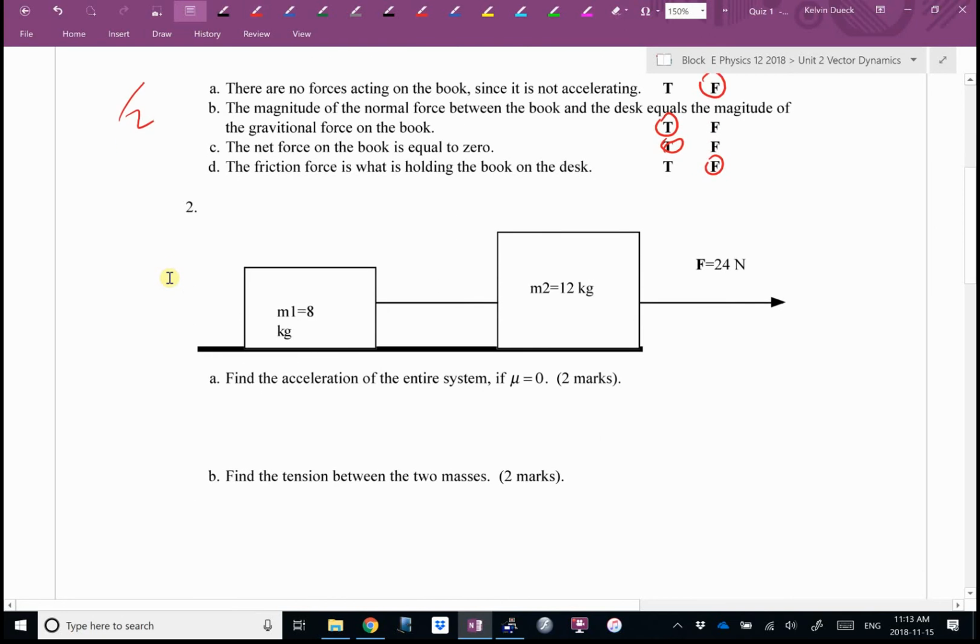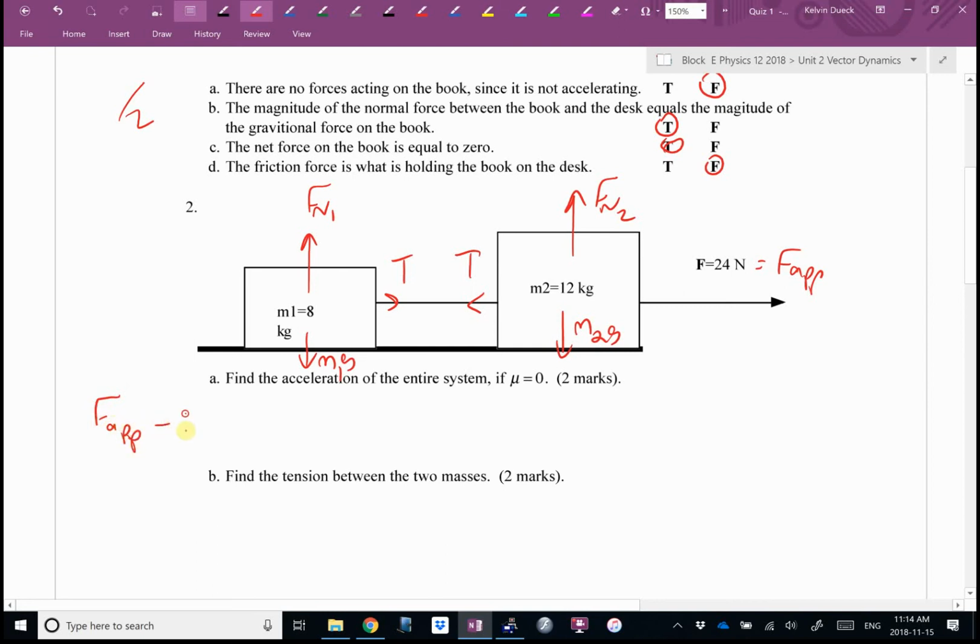Find the acceleration of the entire system if mu equals 0. This is a job for a free body diagram. I'm going to have m1g, normal force number 1, tension, m2g, normal force number 2, tension, and here is F applied. I didn't really format this good for spacing. Who's winning? F applied.